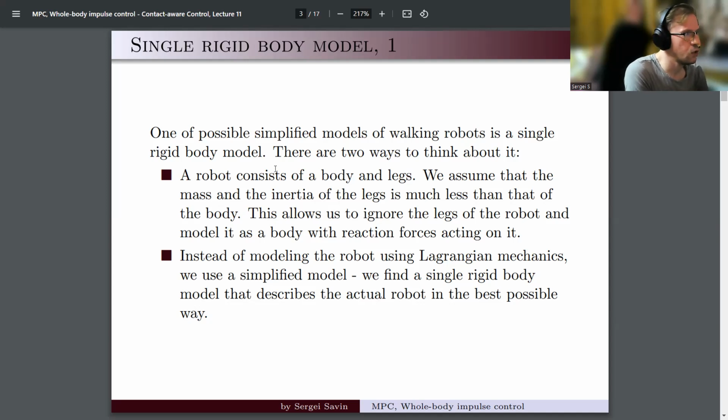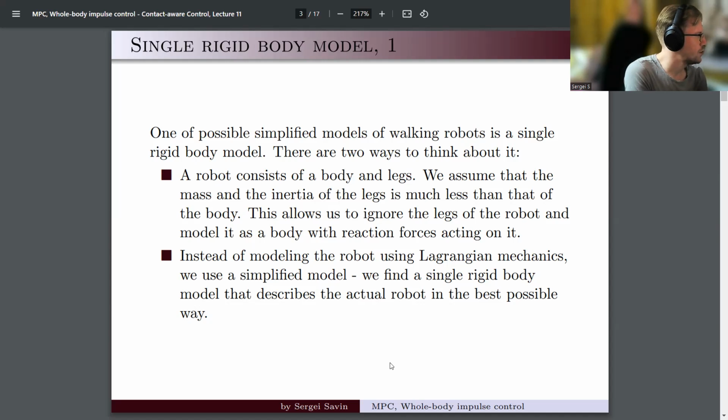Well, today we go a little bit more complicated. Today we consider a robot as a single rigid body, okay? Single rigid body. The way to think about it is twofold.